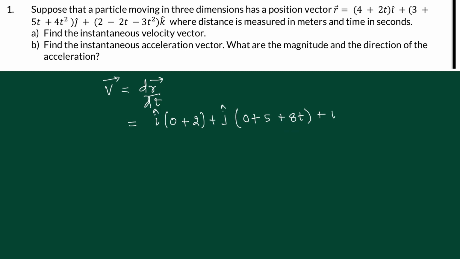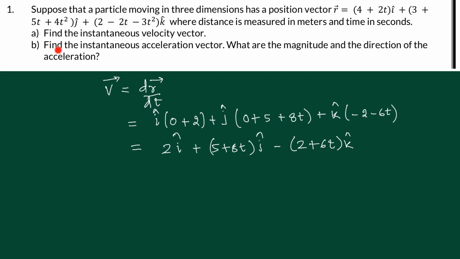Third term, k cap, derivative of 2 is 0, minus 2t, minus 2 minus 3t square is minus 6t. So this is the expression for velocity. Let us simplify this. So velocity is equal to 2i cap plus (5 plus 8t) j cap minus (2 plus 6t) k cap.